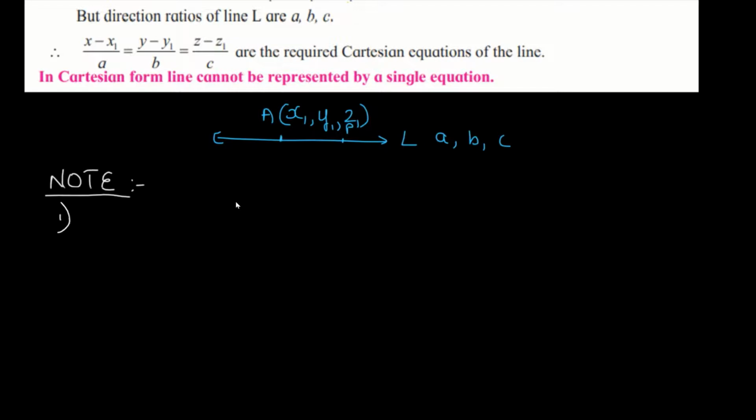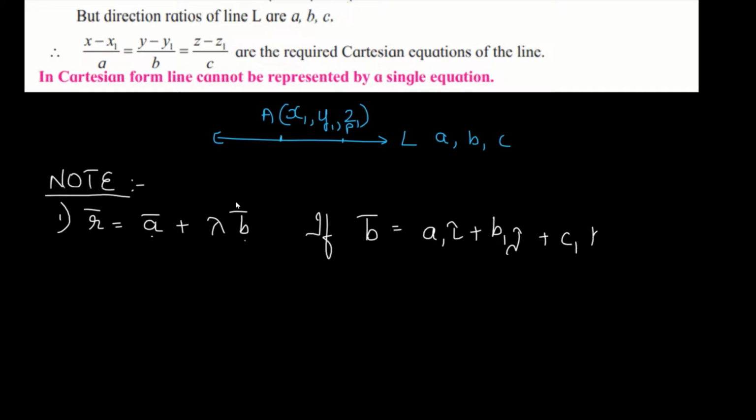First of all, we have the vector equation of a line as r bar is equal to a bar plus lambda b bar, where a is any point on the line and b is a vector parallel to the line. Now, suppose in this case, b bar is equal to a1 i plus b1 j plus c1 k.